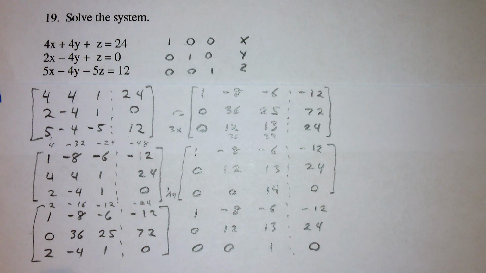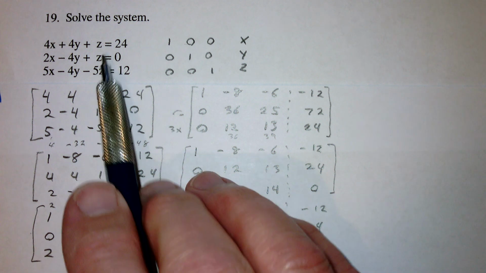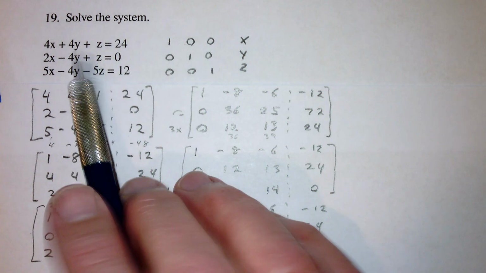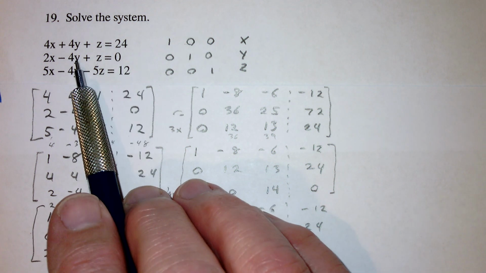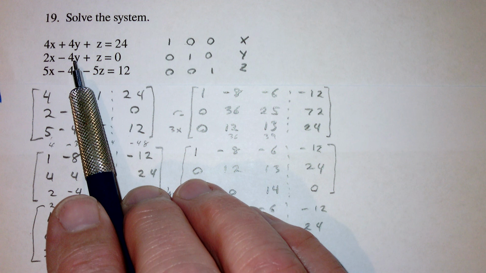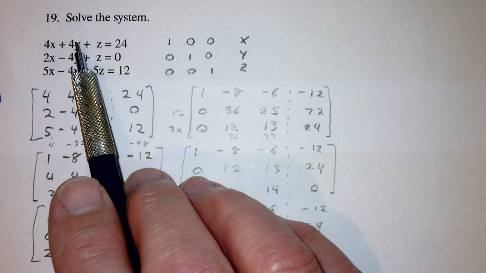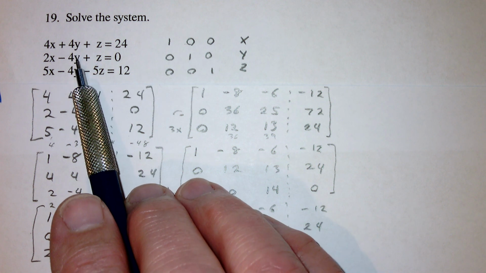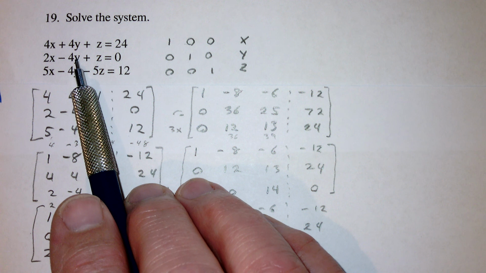Okay, so one thing we could do is, knowing that z is a 0, we could plug that in here, and we've actually reduced this to a linear combination problem, which, since these are already additive opposites, we've got a pretty easy solve.